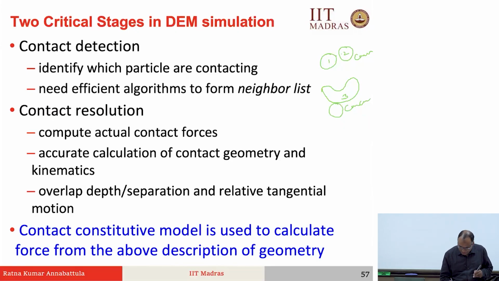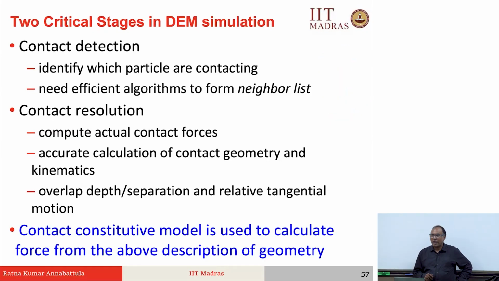But let us imagine a scenario where this particle is making a contact here. When you are doing contact detection, if your algorithm identifies that this particle is making contact here, you cannot stop searching whether it is making contact anywhere else with this particle, because it's a non-convex particle. So here it may be making 2. What if the particle is like that, like that? It need not make just 1 or 2, it can make as many contacts as possible with that one particle. So the contact detection algorithm for a non-convex particle is going to be much more complex than for a convex particle.